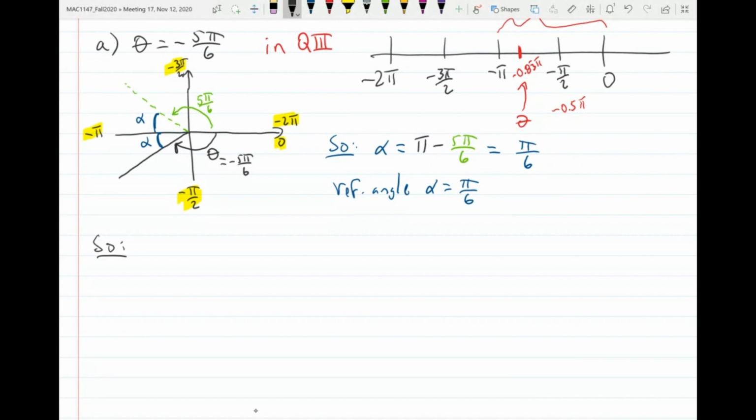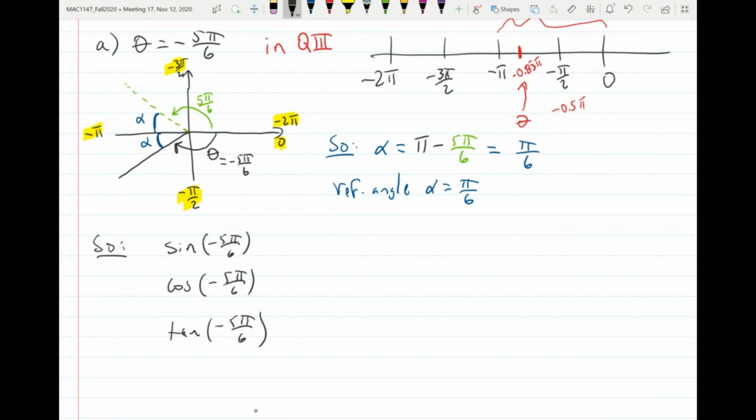So now we can answer the sine, cosine, tangent of negative 5 pi over 6.